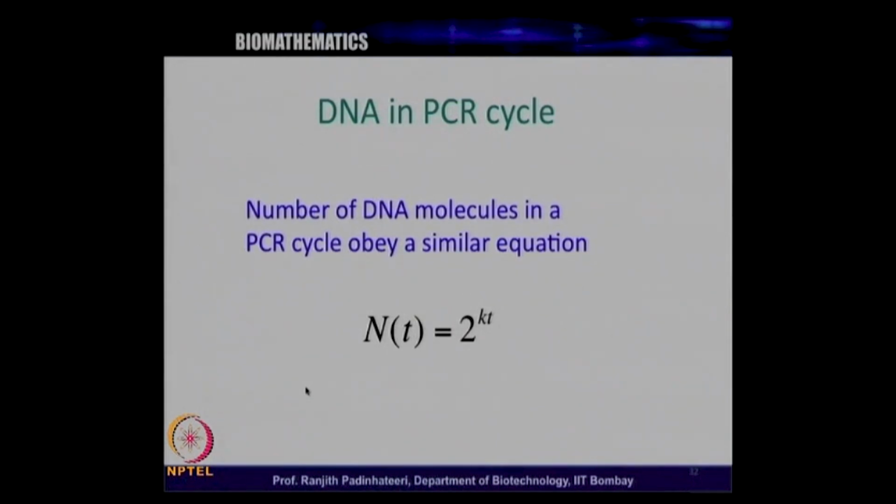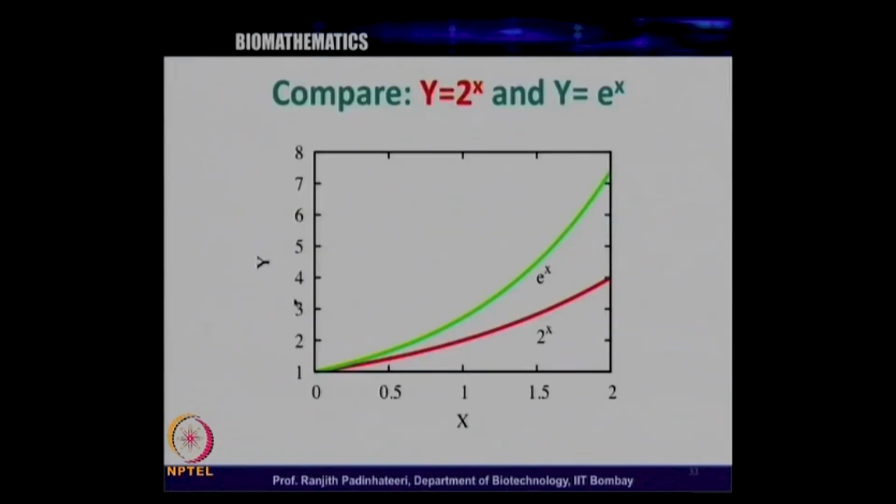Now, let us have a look at another function. Let us compare 2 power x to e power x. How do they look? e power x and 2 power x look like this. The red curve here is 2 power x and the green curve is e power x.